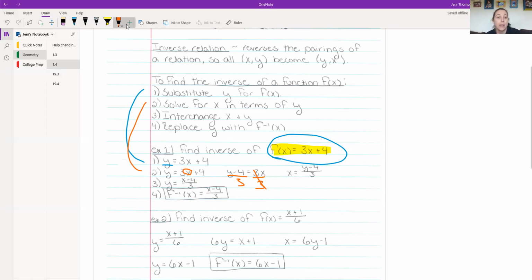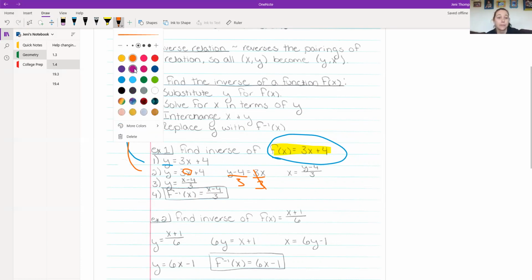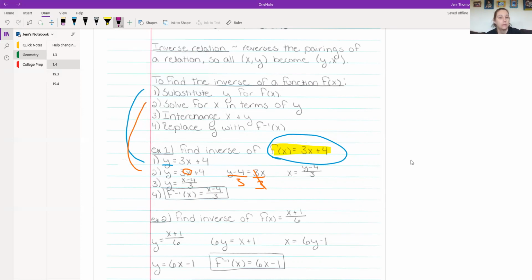So now my next step, I need to interchange my x and y. All I do is flip-flop. So here, where I had x equals (y minus 4) over 3, now I have y equals (x minus 4) over 3. That's just what interchange x and y means. Switch them.